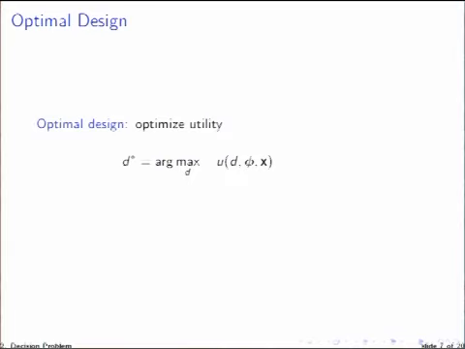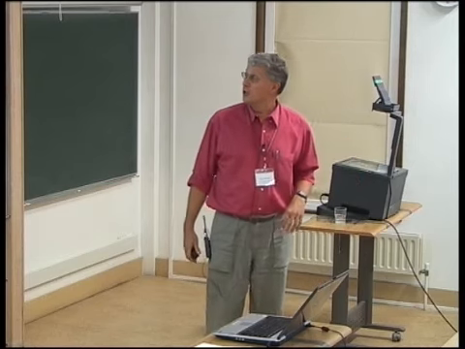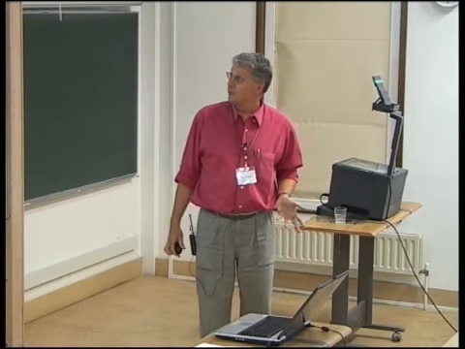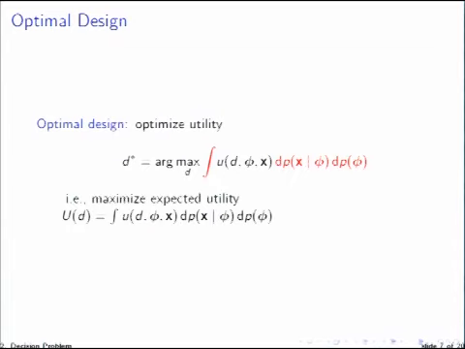You can argue from first principles that a rational decision maker should proceed by maximizing that utility in expectation, where the appropriate expectation is with respect to all unknown quantities and conditioning on whatever is observed at the time of decision making. In this case, I don't assume that any preliminary data is observed, so we integrate over everything. In particular, we are marginalizing over the future data, and we're integrating over the parameters. So this is simply the expected utility maximization paradigm.